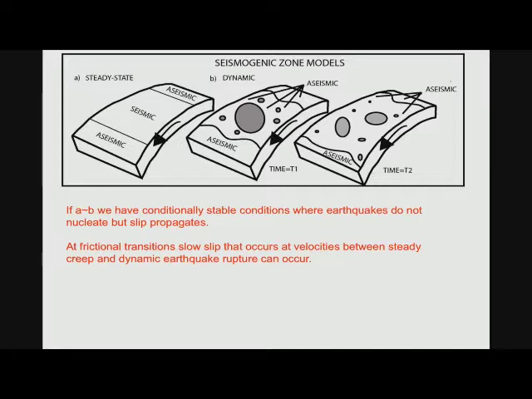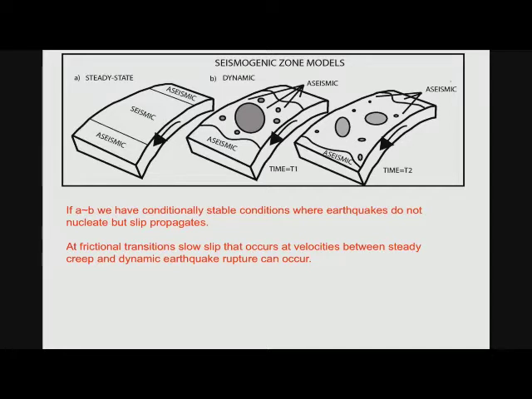So some of the importance of that is if you have a distribution, let's say, of asperities like this. Let's say the asperities correspond to regions that are velocity weakening, and the white areas are velocity strengthening, or let's say they're conditionally stable. Then you can actually have slip nucleate here, propagate into this conditionally stable area, and then trigger slip in this asperity.